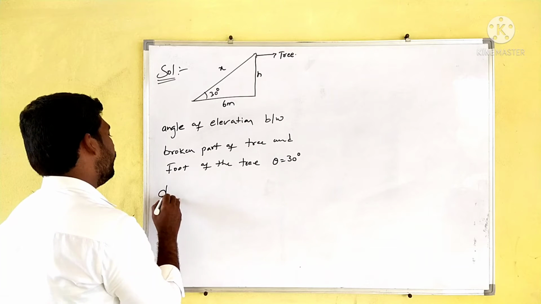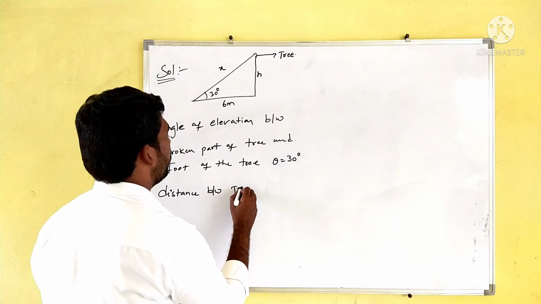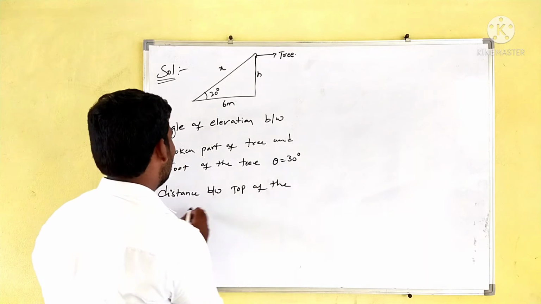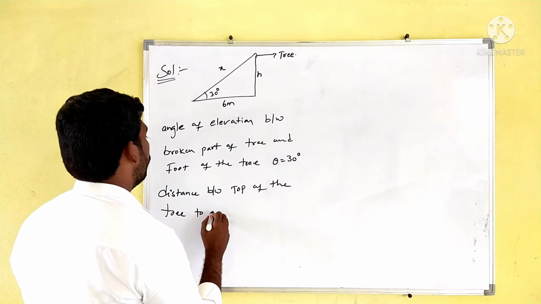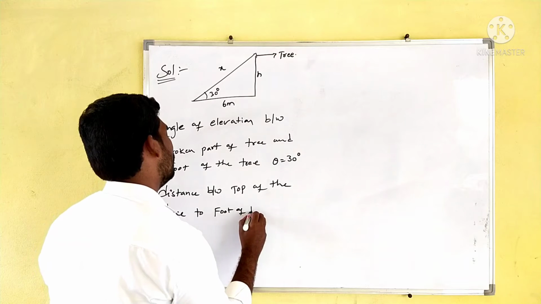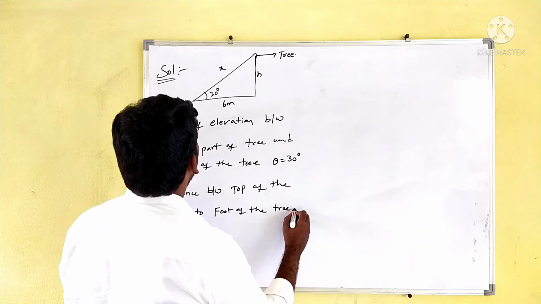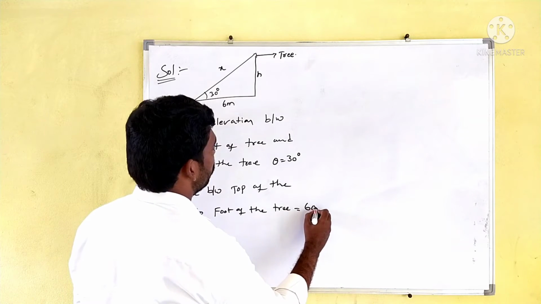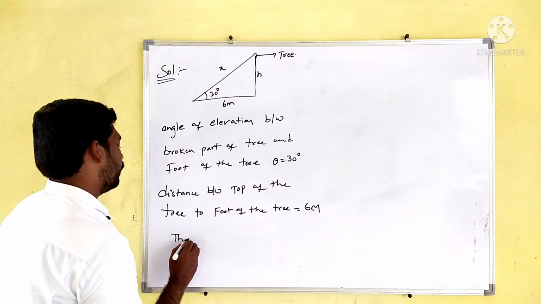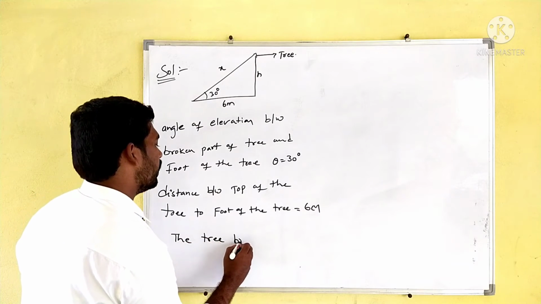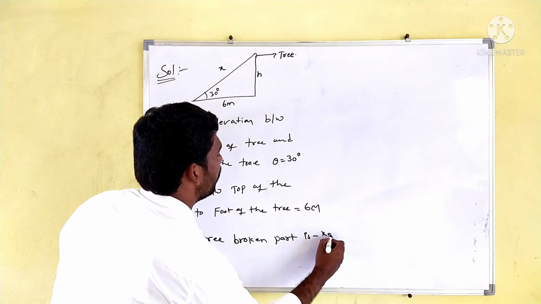The distance between the top of the tree and the foot of the tree is 6 meters. Where x is the broken part of the tree, x meters, we don't know.